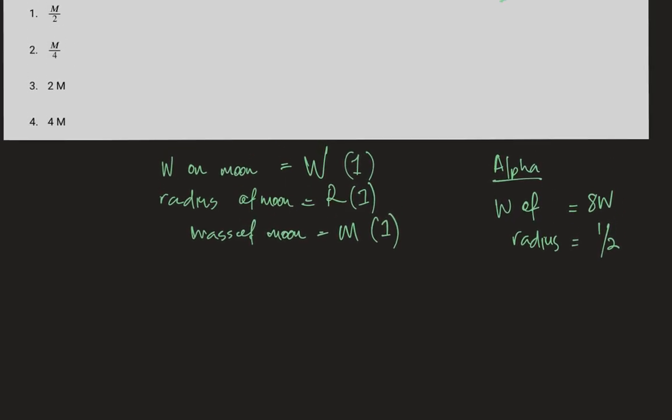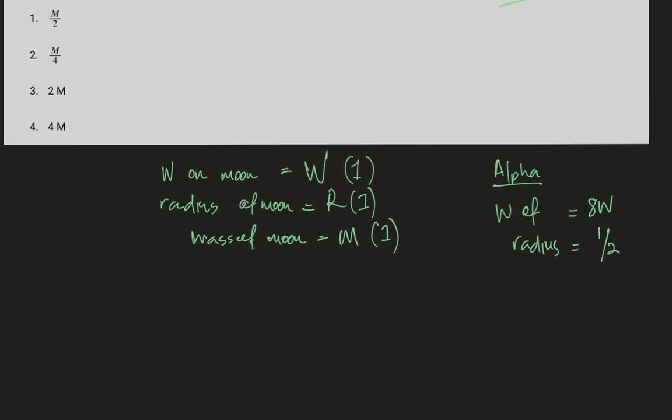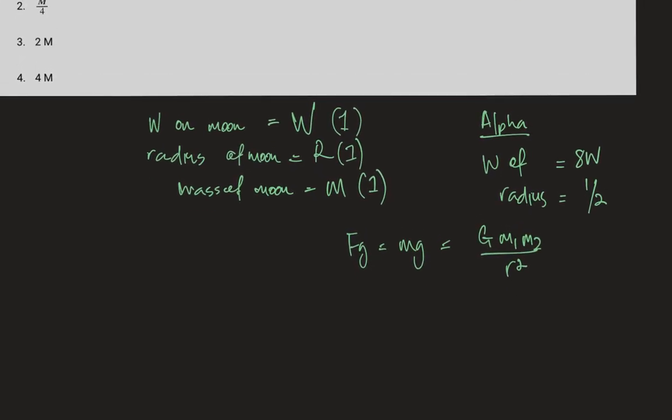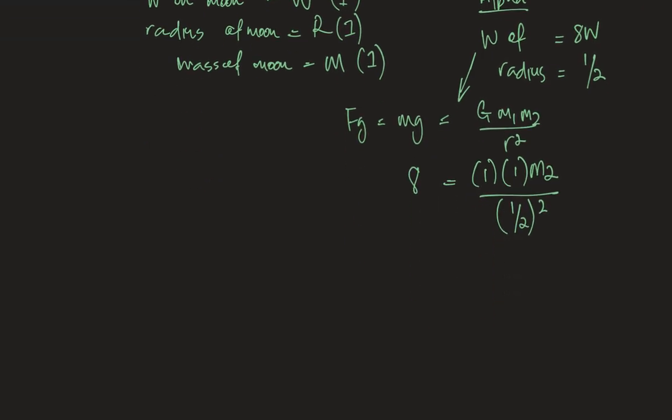Right, so let's look at planet Alpha in terms of our formula. I know that Fg is actually equal to mg, which is then equal to G m1 m2 over r squared. We're looking at Alpha here, right? The mg they're giving us here is 8. The G is 1. The mass of the moon is 1. And we're looking for m2. And they're telling us that the radius is a half, squared. Alright, so nice and simple.